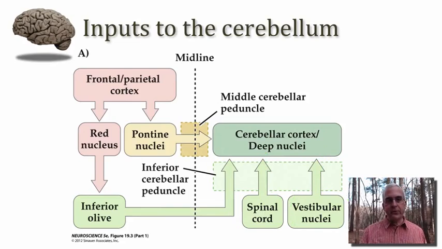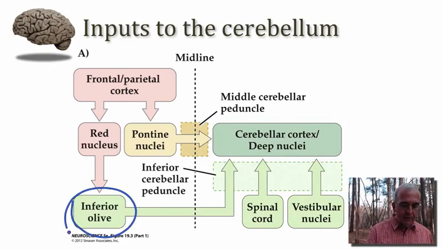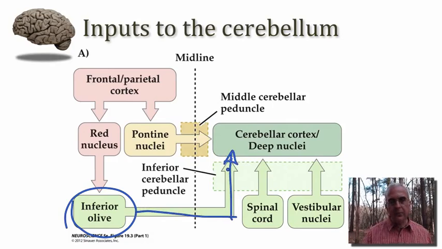Well, there's a third major source of input to the cerebellum that I want to mention, and it's coming from a really fascinating nucleus of the ventral and somewhat intermediate aspect of the medulla. It's called the inferior olive, or the inferior olivary nucleus. This nucleus sends axons across the midline that enter the cerebellum from below via the inferior cerebellar peduncle.